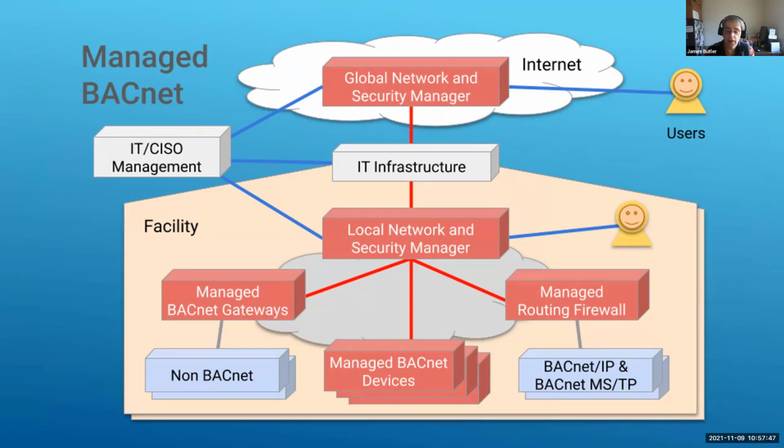But yeah, someone could come along and attach a device to MSTP, and then through a standard BACNET router, get access to the BACNET SC devices. So you'll notice that red block, managed routing firewall, which is above the block that says BACNET IP and BACNET MSTP.